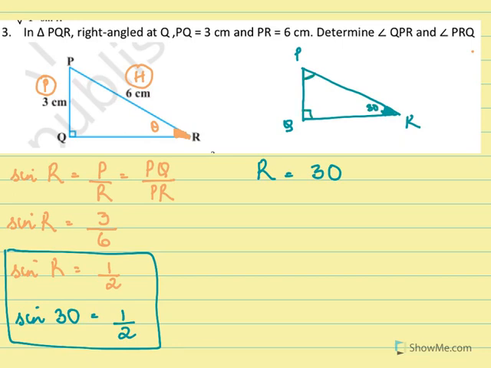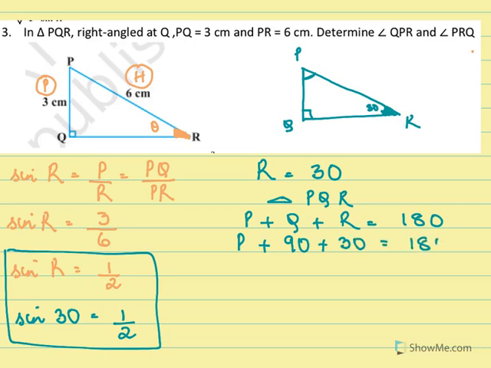Now we need to find P. So in triangle PQR, we have P plus Q plus R equal to 180. P we do not know, Q is 90, R we found is 30, equal to 180, and then you will find your P as 60.